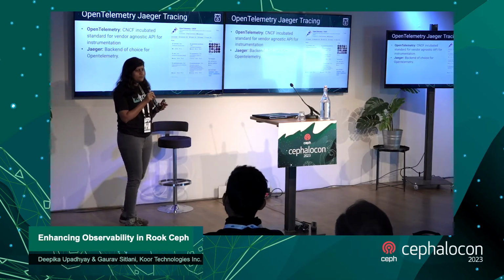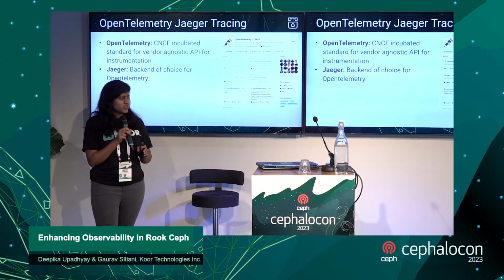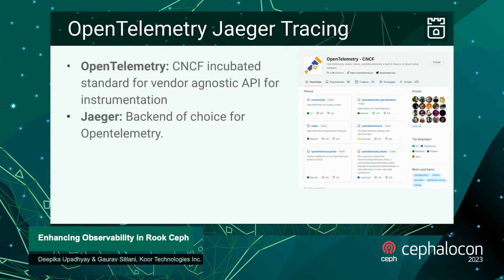It's made up of two components. OpenTelemetry is the vendor agnostic API. By that, I mean you can use this SDK to write instrumentation in your code. These APIs are not relying on any backend. So as I said, Zipkin is one such product which it is backward compatible with.